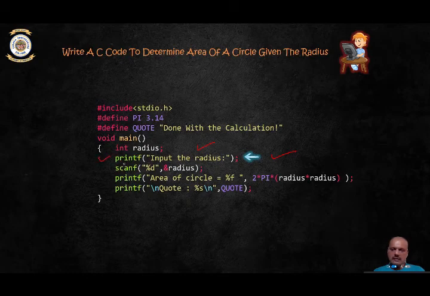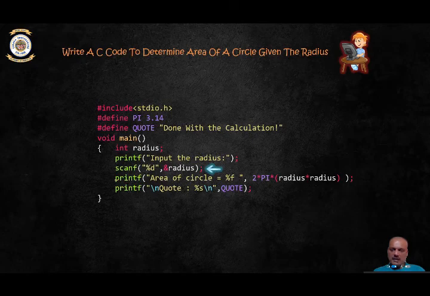The user, having read this message, types in the value of the radius, and that value gets read from the standard input device using scanf as an integer number, and gets stored into the integer variable defined here. Don't forget the ampersand sign associated with the scanf.